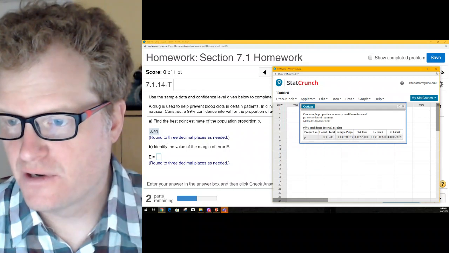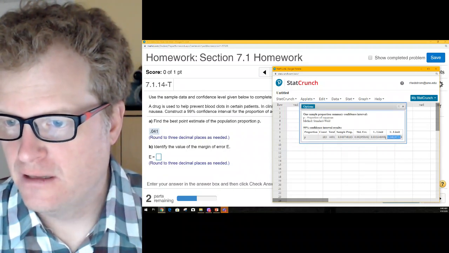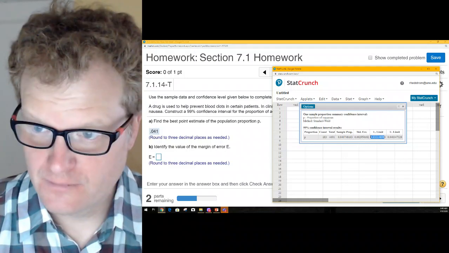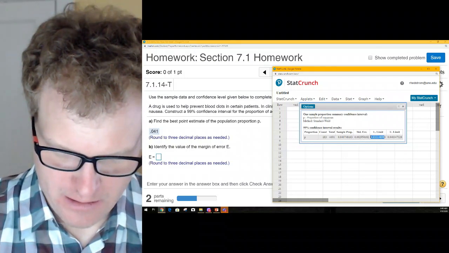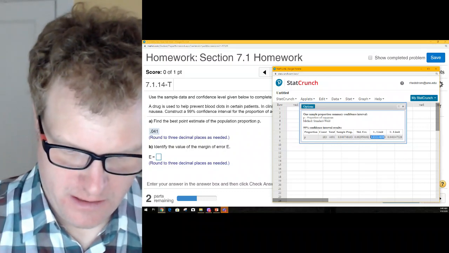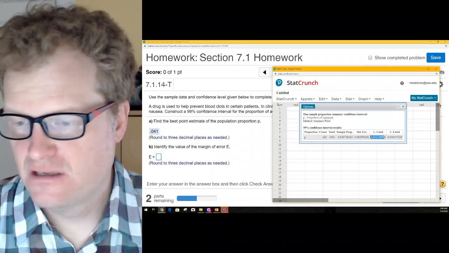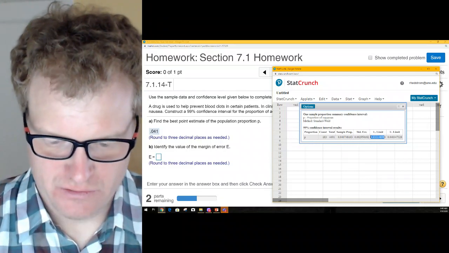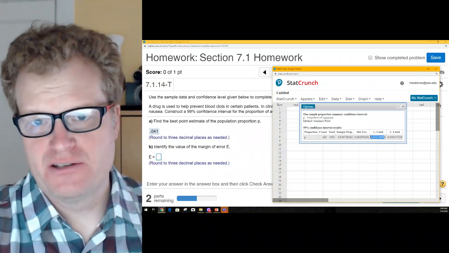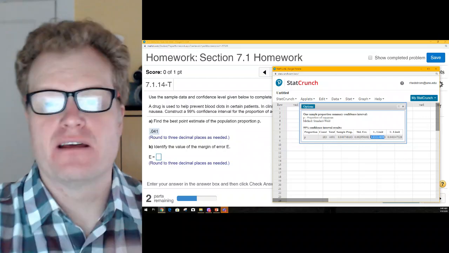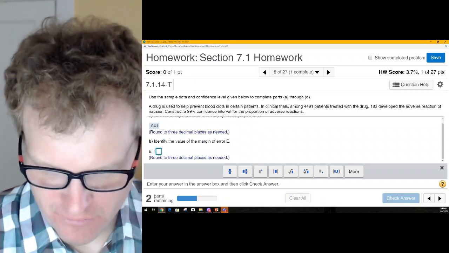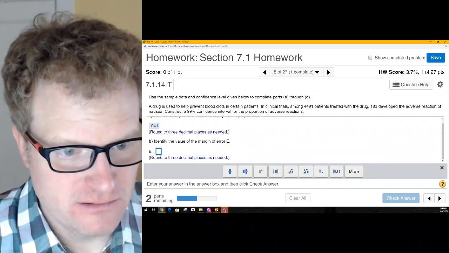I'm going to take this number here, this upper limit, 0.0483, and subtract my lower limit, minus 0.0331. I'm going to press enter first, and then divide that by 2. If you have a graphing calculator and you put one minus the other divided by 2, it'll take that second number divided by 2 and then subtract it, using your order of operations. So I'm going to get a margin of error of 0.008.